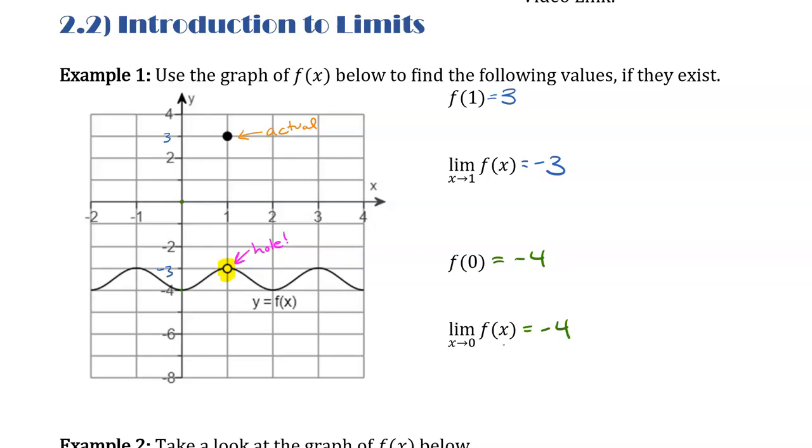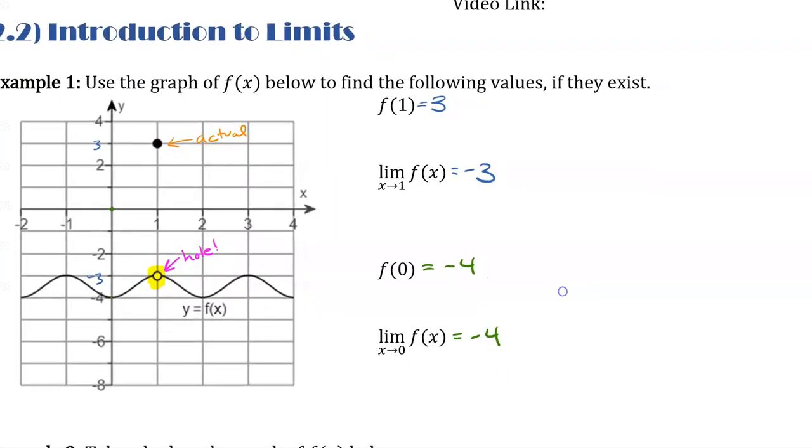Okay, we had to come up with the word limit to talk about things because we had these weird discrepancies that could happen. So one way to think about this is that the limit as x approaches some number a of a function f of x may not equal f of a, which is what we see here. f of a is 3, but the limit as we approach a is, well, it's not 3.